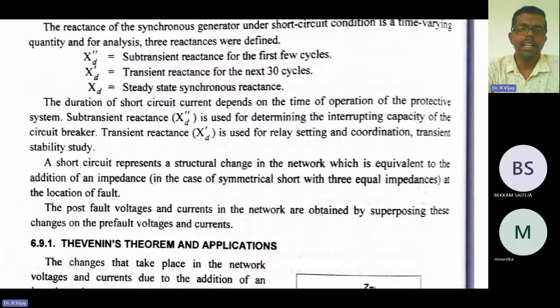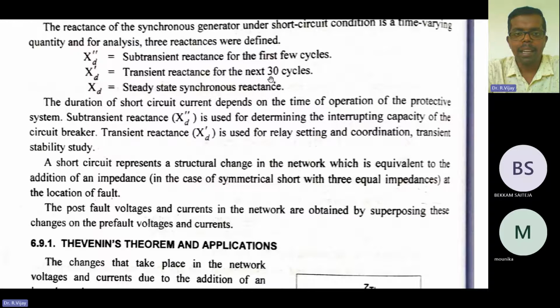In that condition, the subtransient reactance appears for the first few cycles, only very few cycles, might be 1 or 2 cycles, or 4 or 5 cycles. The transient reactance, that is Xd', will be there for 30 cycles.